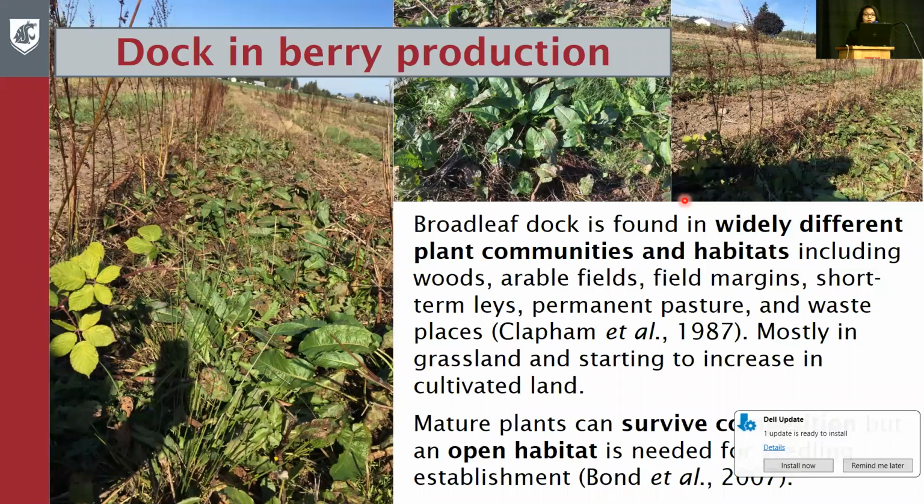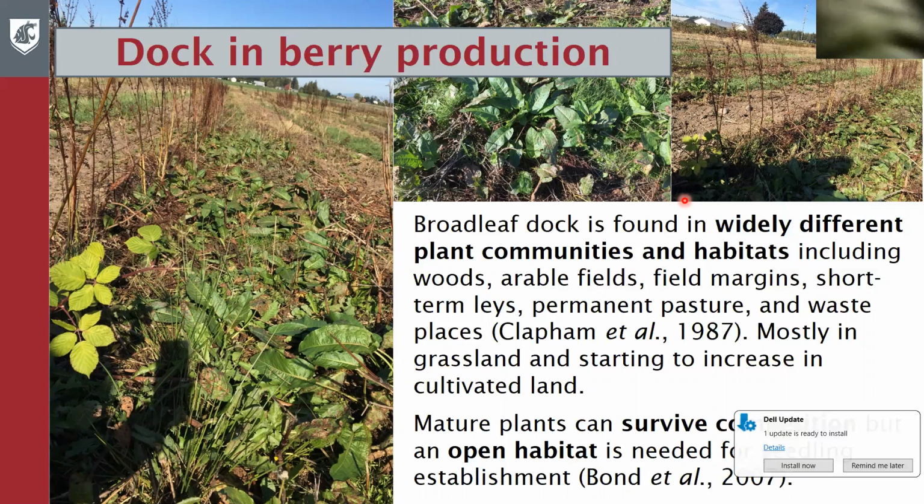If we look closer at the habitat of this weed, we usually find it in widely different plant communities because it is really good at competing with other native species, and it can occupy an area that mostly would be dominated by a palatable crop field.